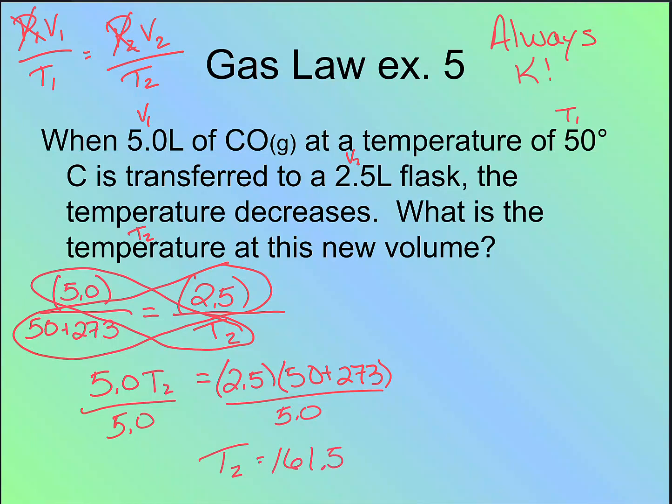But as I look back at my numbers, I can see I've got 2 digits, 2 digits, and 2 digits. So therefore, I have to round my answer to 2 digits. So this answer would become 160 kelvins. Now, do I have to change it to degrees Celsius? No, I do not. The question does not ask for degrees Celsius, so don't do more work than you need to. Okay, let's go to example number 3.